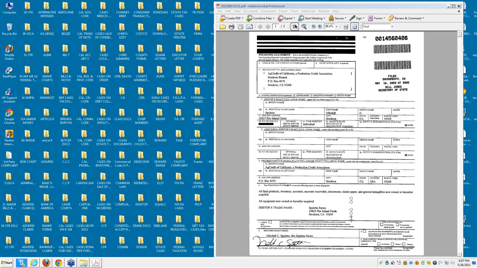What you want to do is go to box 4 on the form, and it lists the collateral that you put on the form. In box 4, it says all farm products, inventory, accounts.